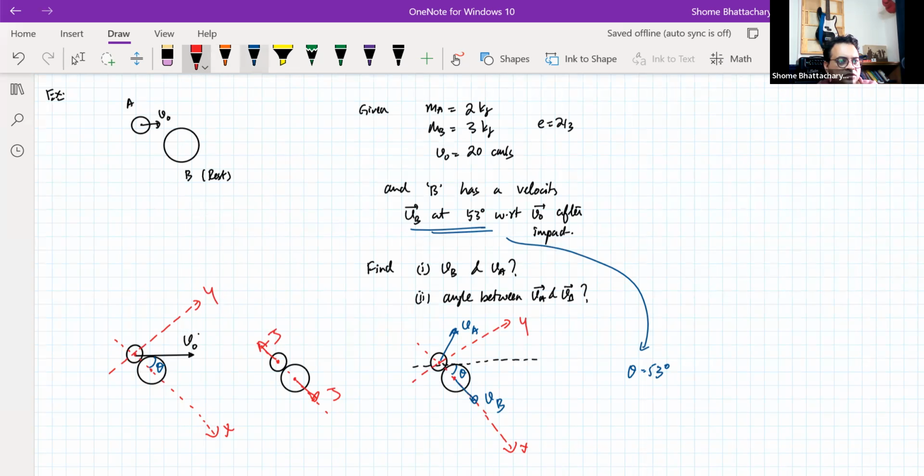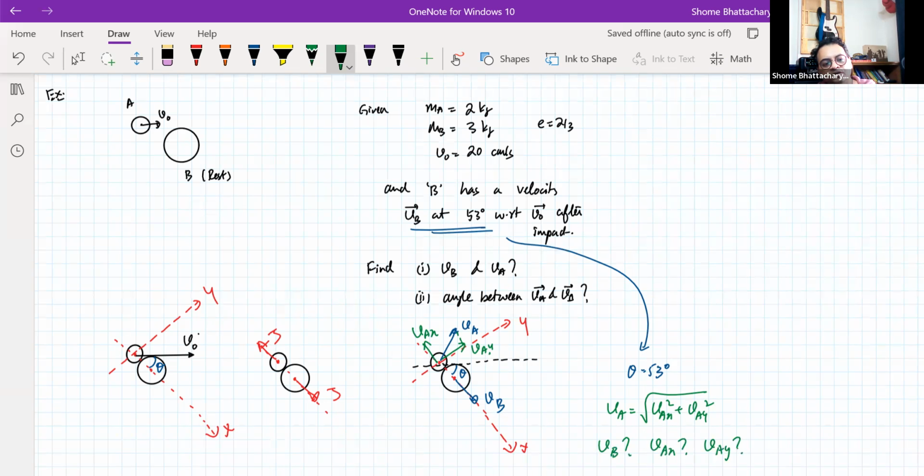So now what we'll do is, instead of taking some angle and all that, we'll take components of A along this and this. So let's say this is VAY and this component is VAX. So we can see that VA will be the square root of the squares of these two. So this will be easier. What we want to do now is find VB, VAX, and VAY. So we have three unknowns.